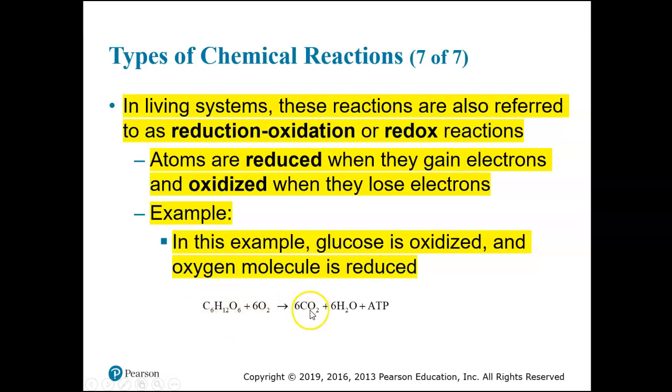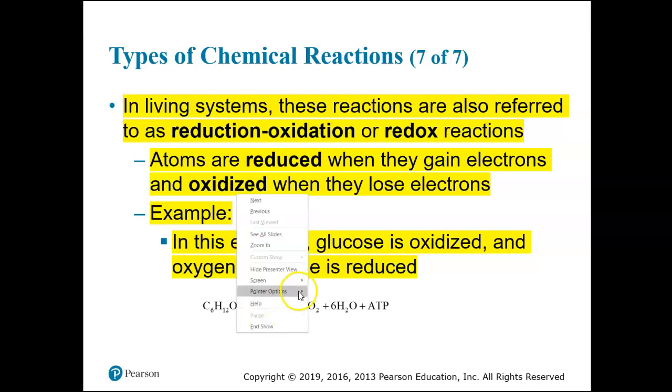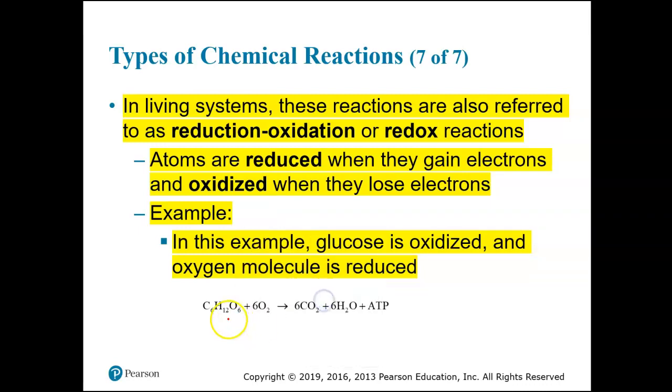But when it becomes a product, it loses the hydrogen and only has carbon and oxygen. Okay, so when it loses those hydrogen atoms, it is losing 12 electrons, and loss of electrons is oxidation. So what we say is that glucose is oxidized, and it is because we see the loss of that hydrogen from glucose. Glucose is oxidized because oxidation is loss of electrons.